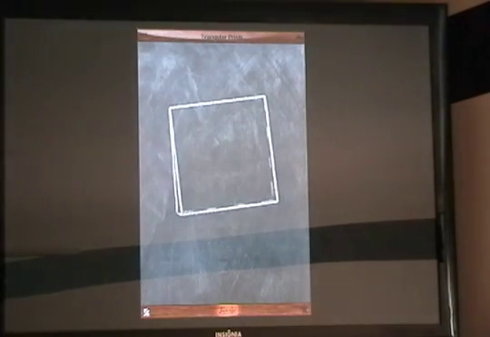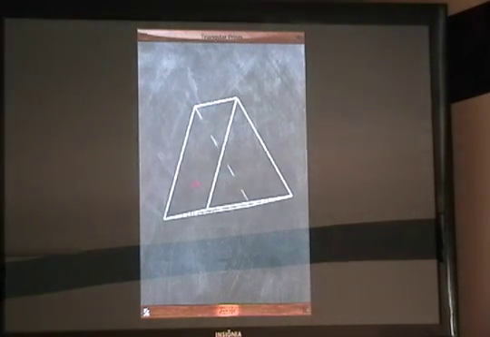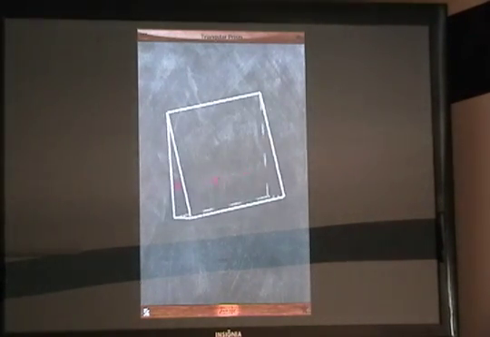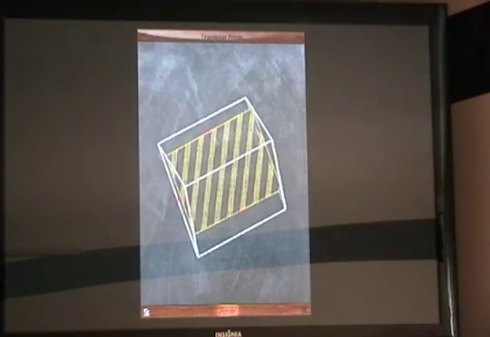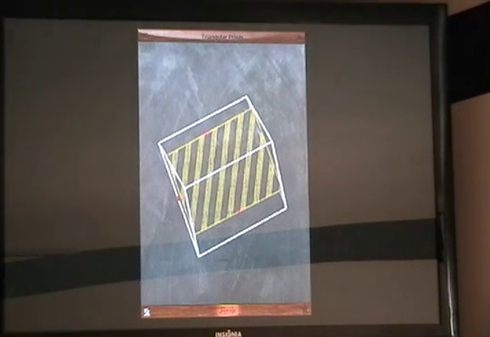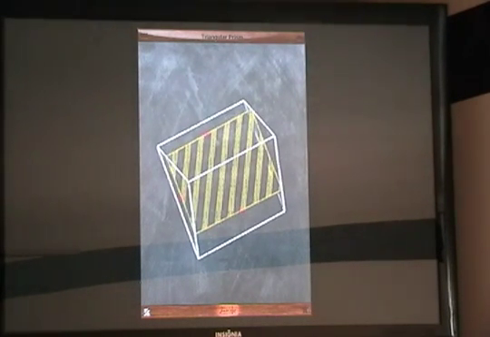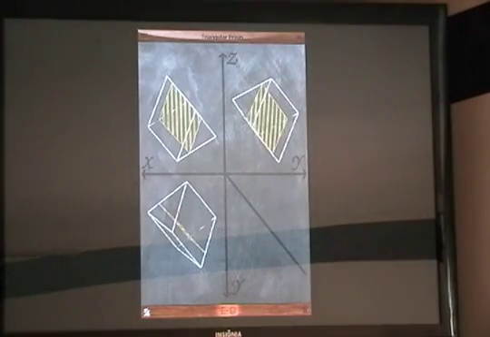Let's see if we can get similar shapes. Okay, the lengths of the rectangle are exactly the same, but the widths are getting smaller and smaller. So this is not a similar shape because the lengths of the rectangle are the same as the original lengths of the base. Let me see if I can pull it apart for you.